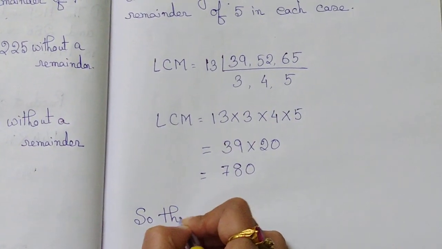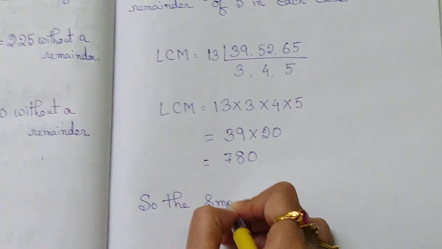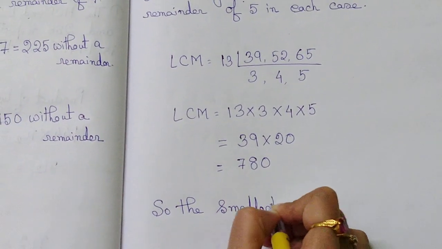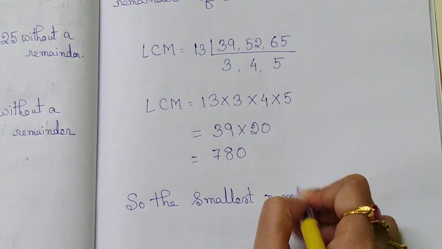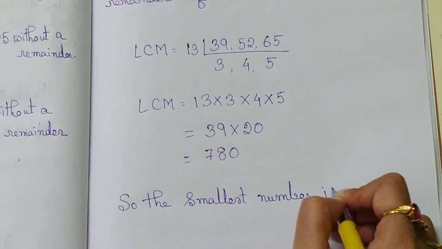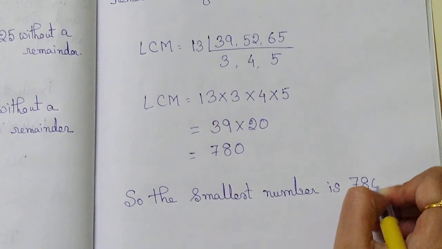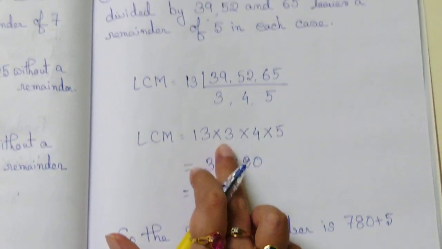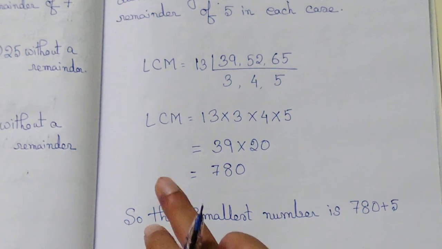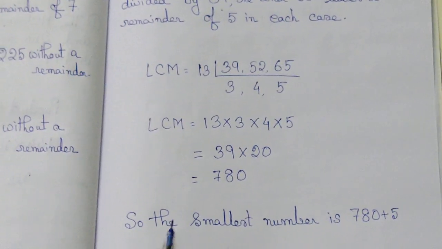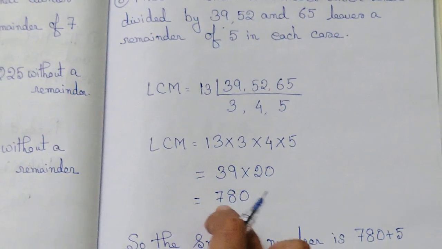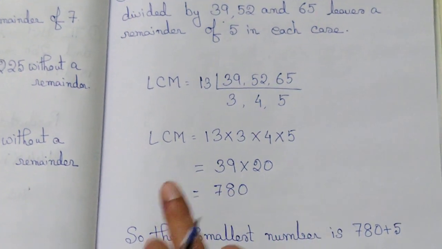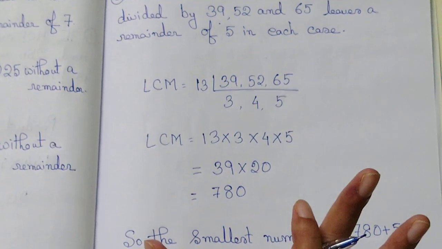So the smallest number is 780 plus 5, because in this case I have done the LCM, and LCM means least common multiple. So 780 will be divisible by 39, 52 and 65.